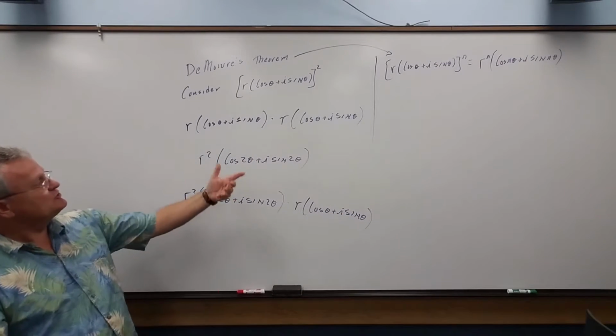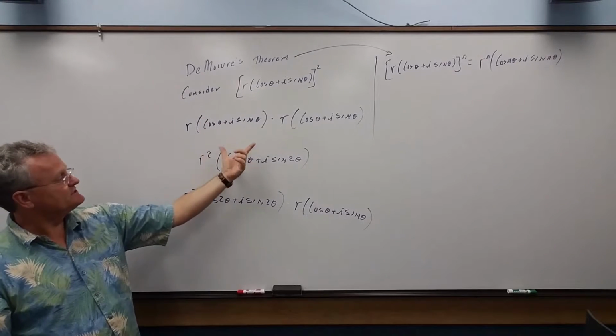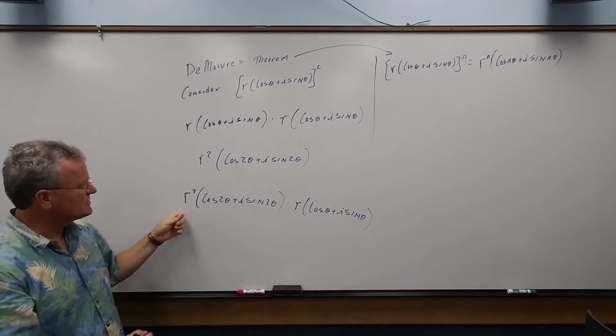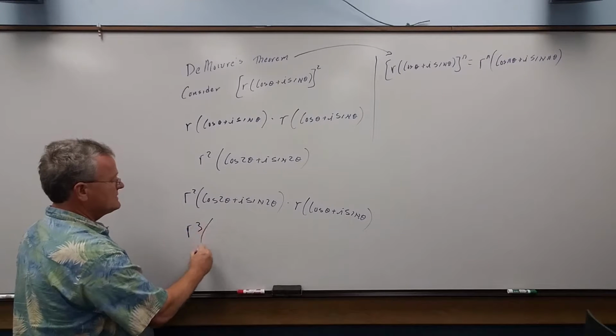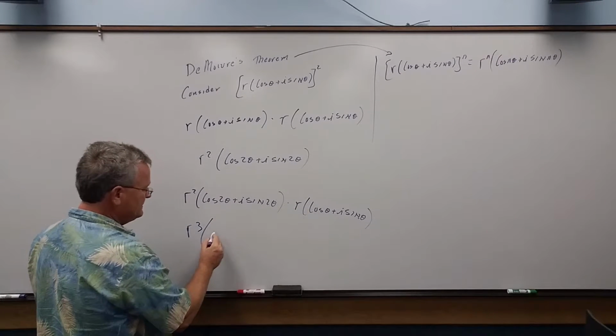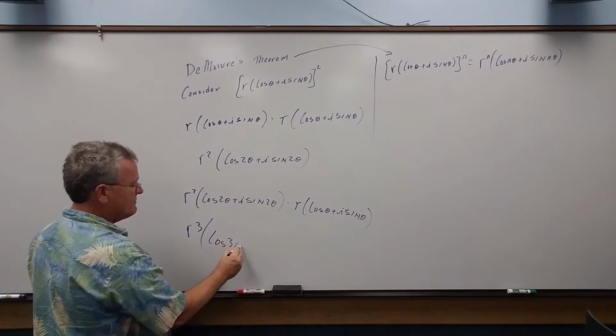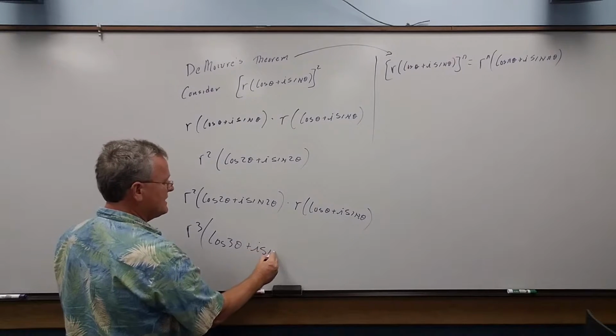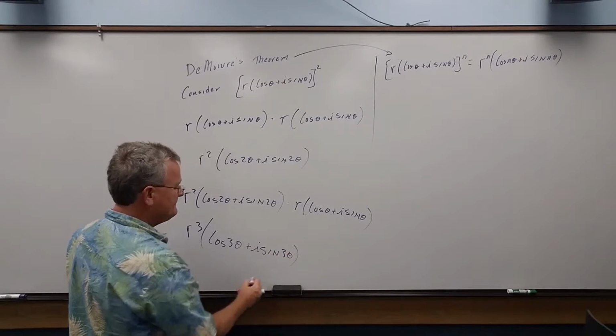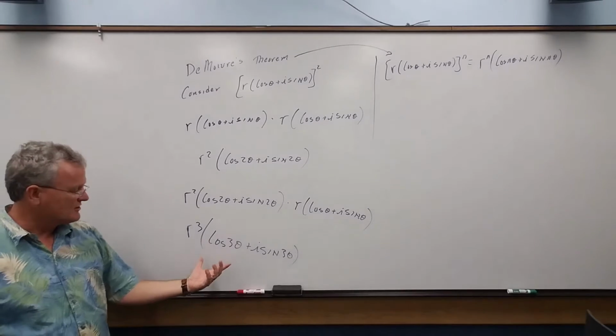So we're just doing an extension of this situation. Well, this is r cubed times the cosine. We add these, we get cosine 3 theta plus i sine 3 theta. And you could keep going and going and going.